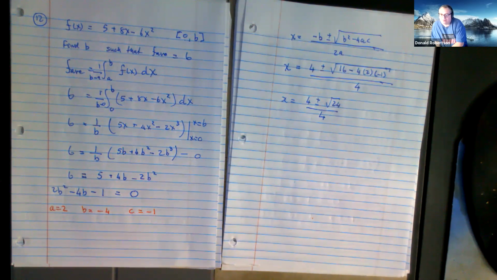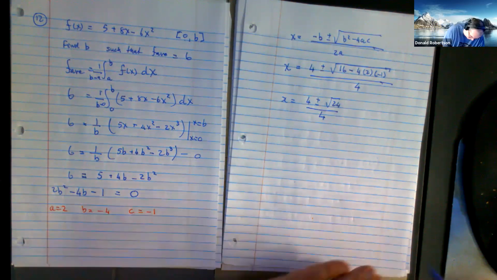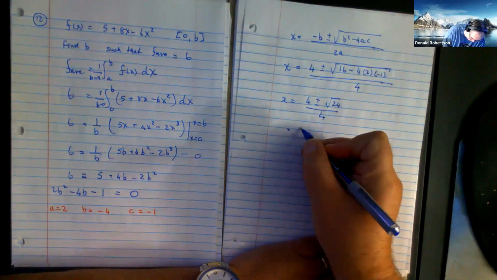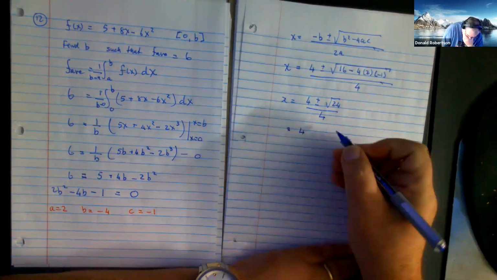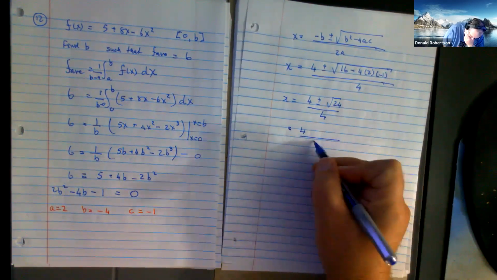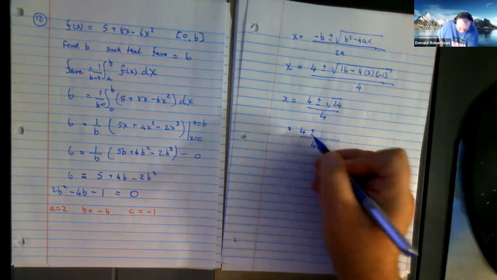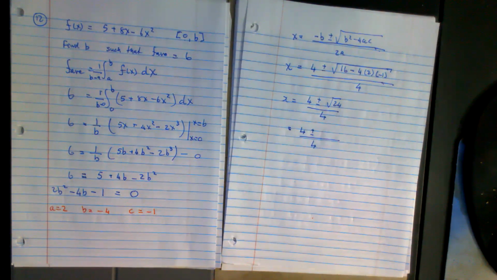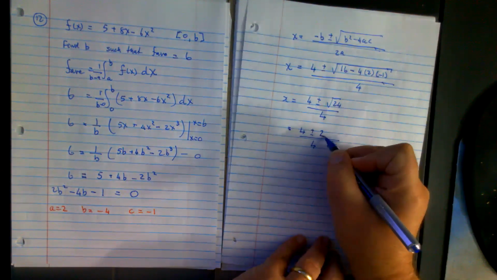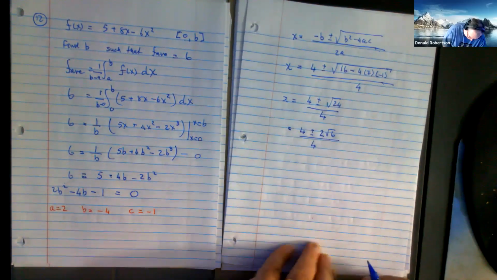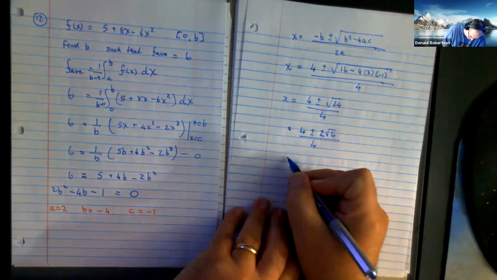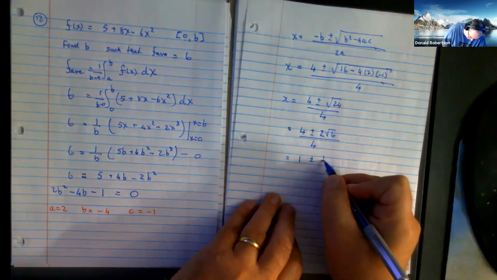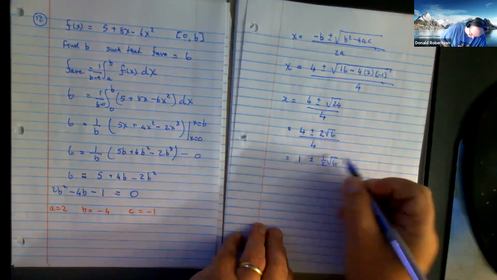Any suggestions about simplifying this? Okay, any suggestions about simplifying the square root of 24? Can't you take a 4 out of it, and then it's 4 square root of 2 square root of 6? Okay, and if I wanted to, couldn't I make it 1 plus or minus a half root 6?